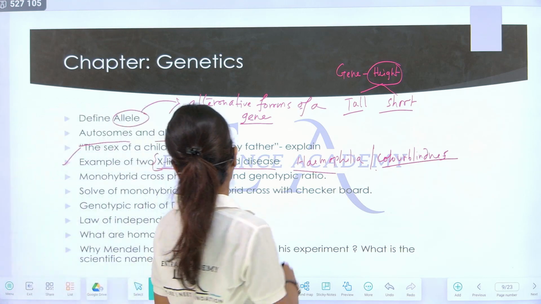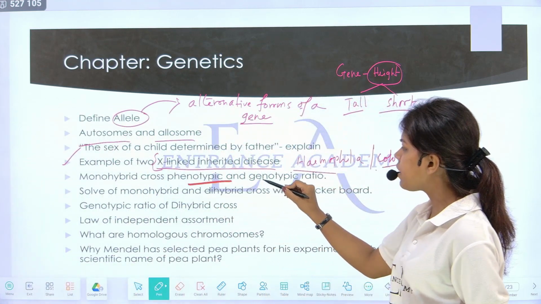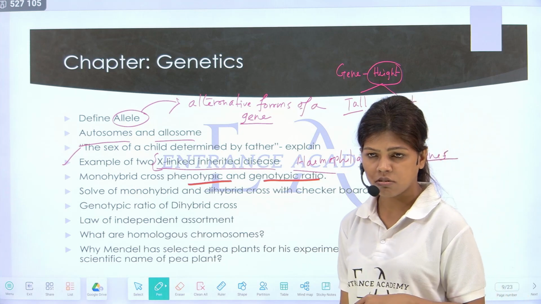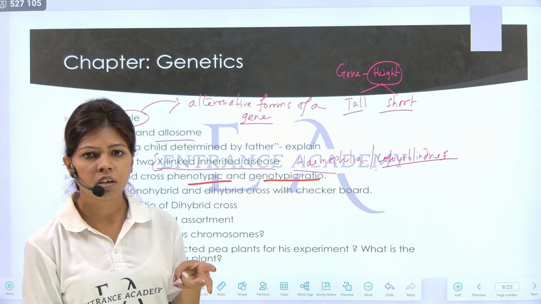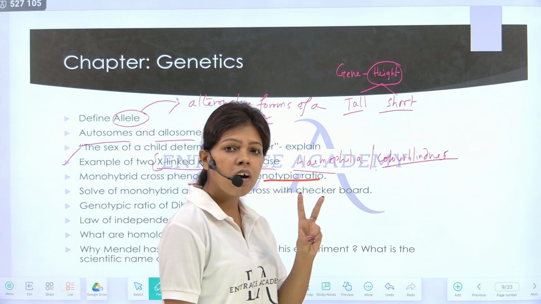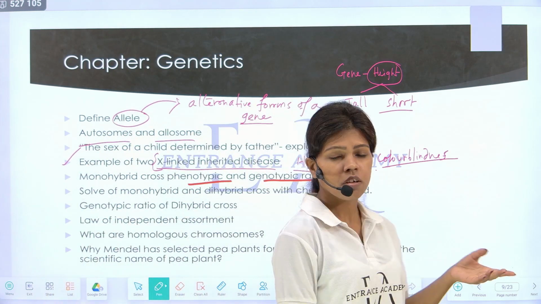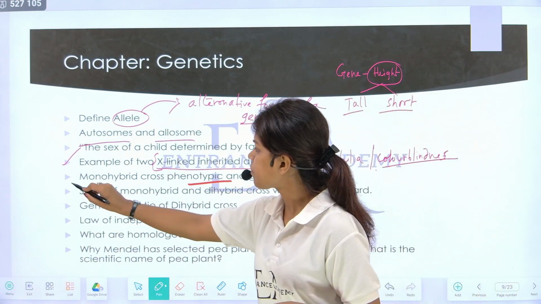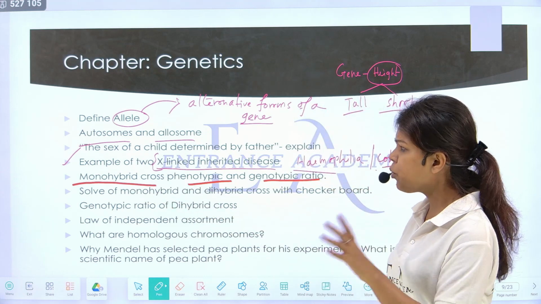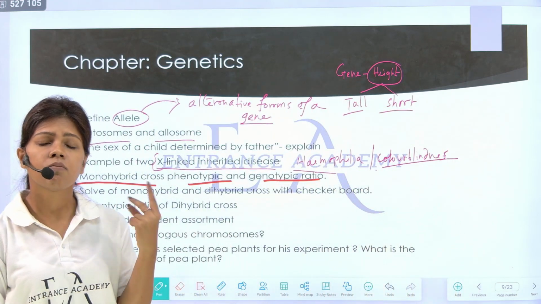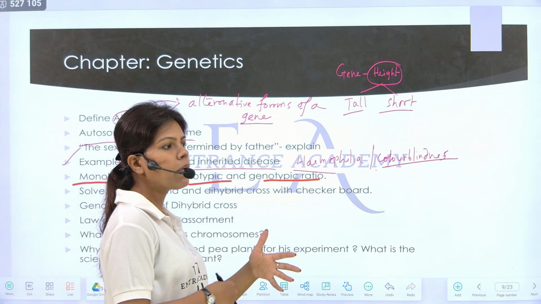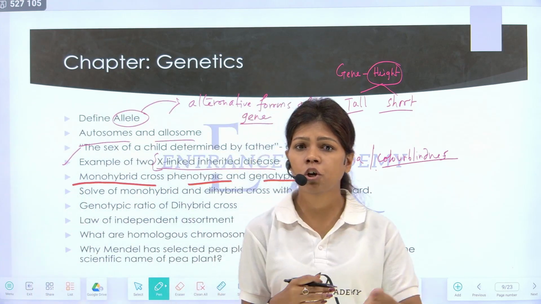Next question. Monohybrid cross, phenotypic and genotypic ratio. Monohybrid cross is the cross between two individuals considering one particular character. For example, a tall pea plant is crossed with a short pea plant.